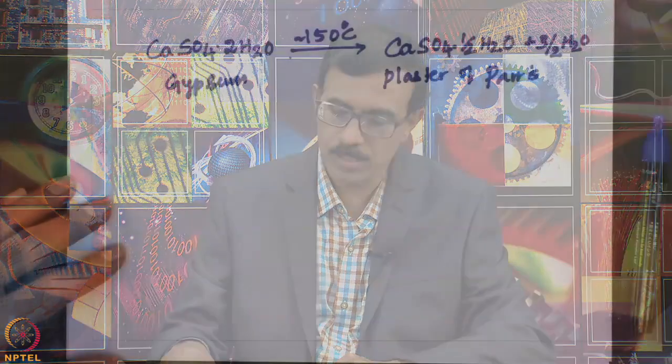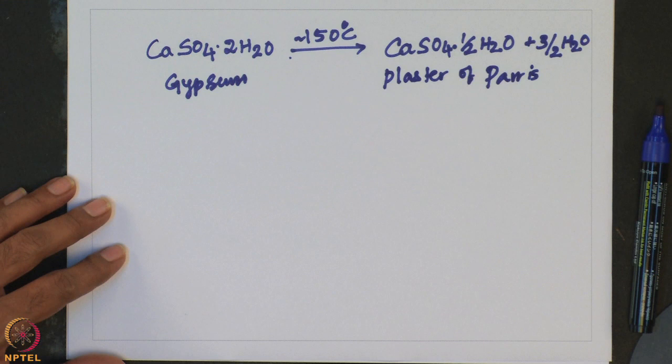Hydration of the hemihydrate with a carefully controlled amount of water initially gives a slurry which hardens as calcium sulfate dihydrate again. That means this has an affinity for taking water to go back to the gypsum form. This is what is exploited in making a slurry and molding it to the required shape.